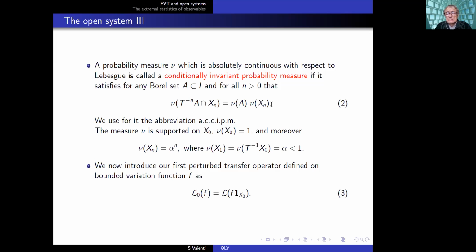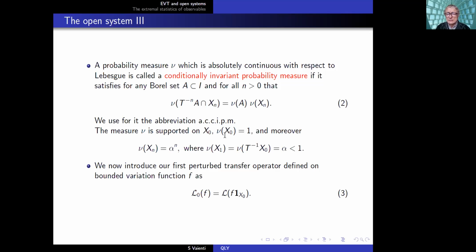Since we are going to define some probability on the phase space in order to study the distribution of points, we would like to have this measure absolutely continuous in order to make, for instance, numerical simulations. So the question is, can we construct this kind of measure which is absolutely continuous with respect to Lebesgue? First of all, if we think a bit about the definition of this measure, you will see immediately that it cannot be supported on the whole interval, but only on the complement of the hole, namely on the set X_0.